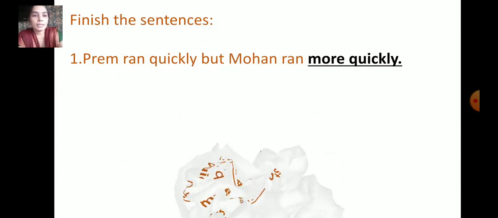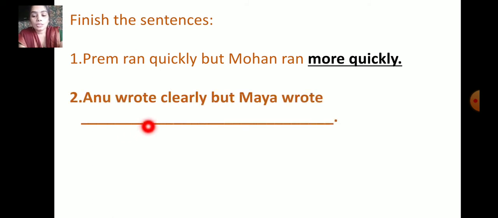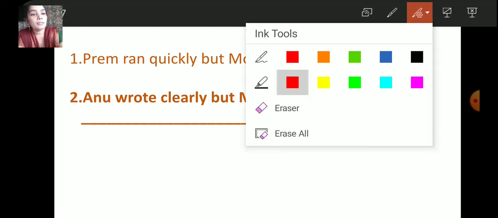And next one, finish the sentences. Prem ran quickly. So again here comparison. Prem ran quickly, but Mohan ran more quickly. Now Anu wrote clearly, but Maya wrote. What is the answer?